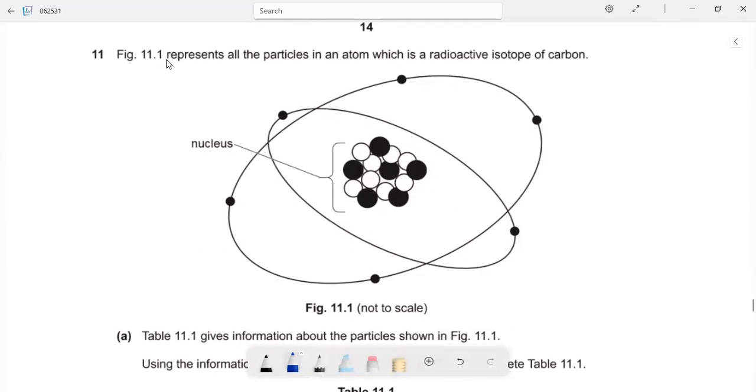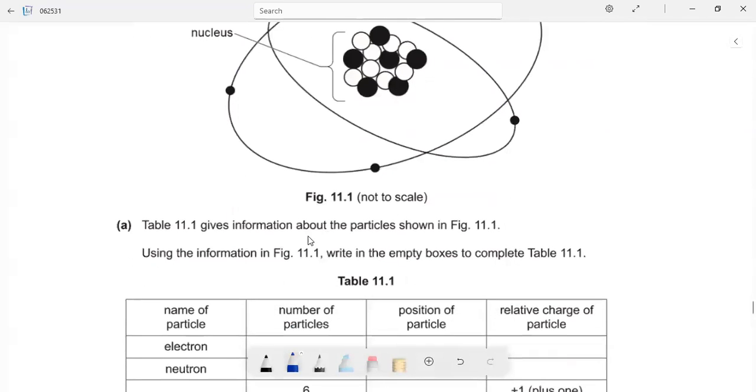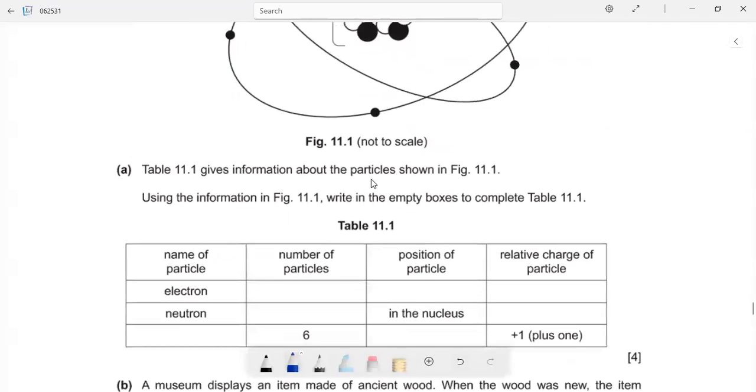Next, figure 11.1 represents all the particles in an atom, which is a radioactive isotope of carbon. Table 11.1 gives the information about the particles shown in figure 11.1. So we need to fill these boxes.